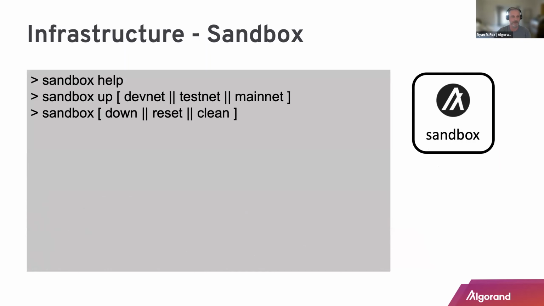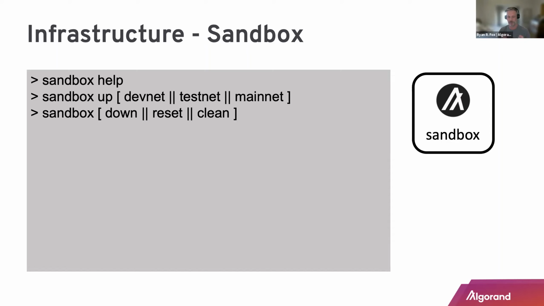There are some additional ways that you can configure your networks. So you can also use sandbox up testnet, which is the way that I have configured mine today. So I'm going to be deploying and testing everything on the test network. You could also point it to the DevNet or to the mainnet, or you could just leave that off. And again, that will bring you up with a private network.